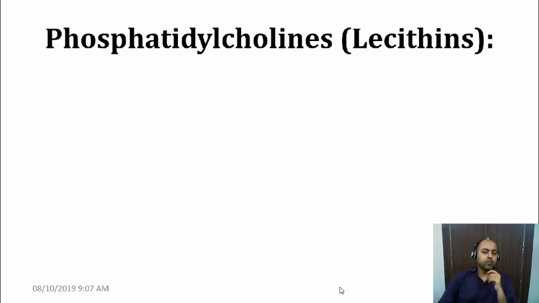One very important glycerophospholipid is the phosphatidylcholine, to which choline is attached. The other name for the phosphatidylcholines is the lecithin. So if you see the term lecithin in the question, immediately you should recall that we are talking about the phosphatidylcholine, where we have the phosphatidic acid to which choline is attached.